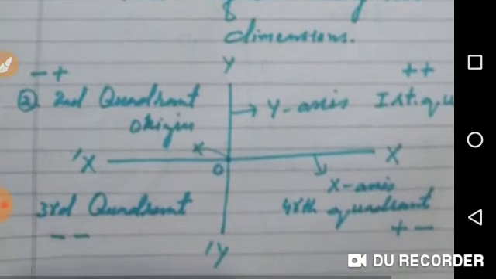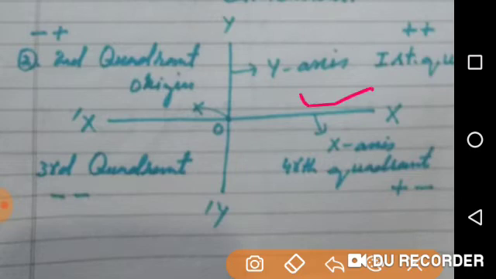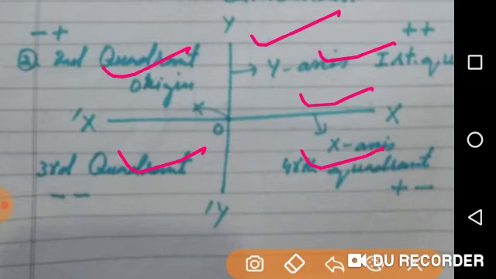Now, if you draw two lines, one horizontal and another a vertical line on this plane, it will divide the plane into four parts. This is our first part, second, third and the fourth.